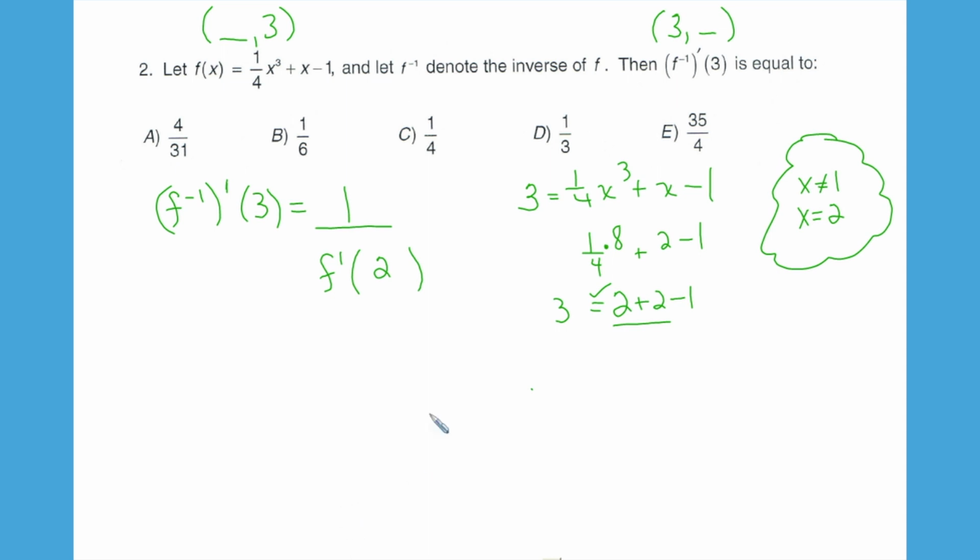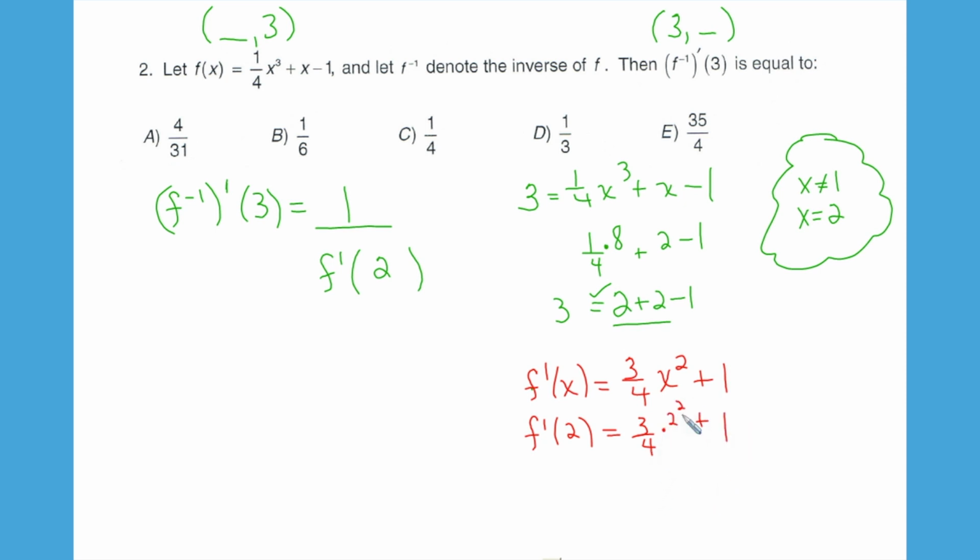Come on. So f prime of x is equal to 3/4 x squared plus 1. That's not hard. And I'm going to plug in 2 because I want f prime of 2. So f prime of 2 is 3/4 times 2 squared plus 1.